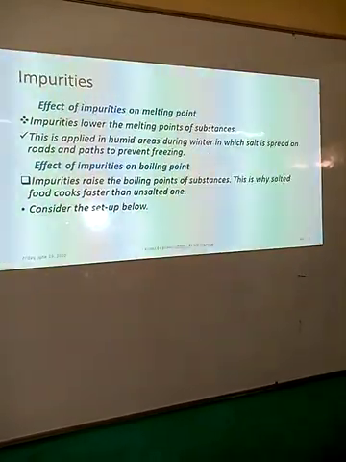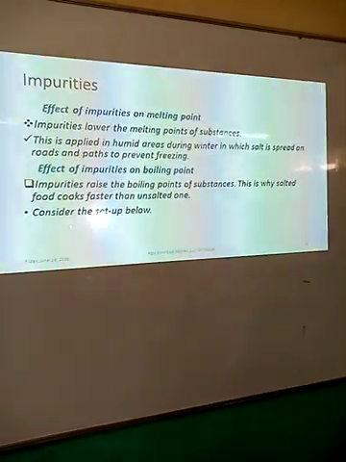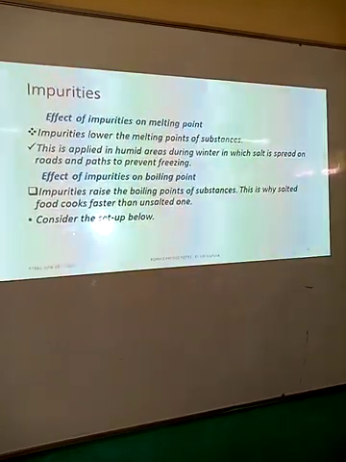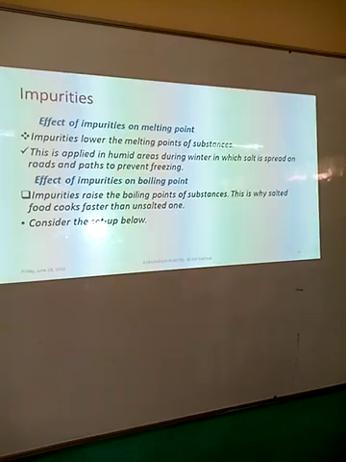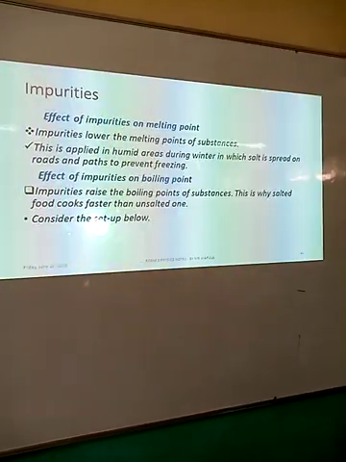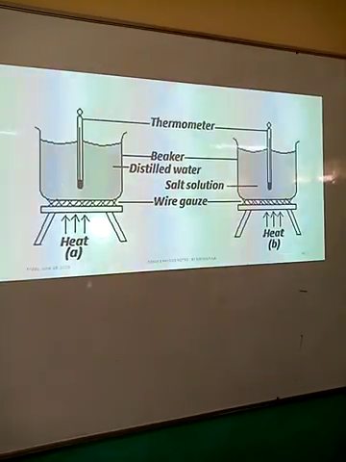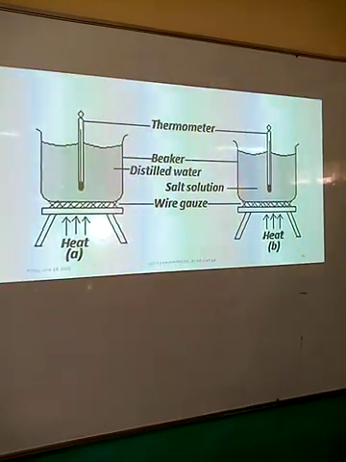We look at how impurities affect boiling point, and we have also said that impurities raise the boiling point of substances, and that is why salted food cooks faster than unsalted one. Also, you've seen maybe somebody trying to prepare ugali, then asked to sprinkle some flour on the boiling water.